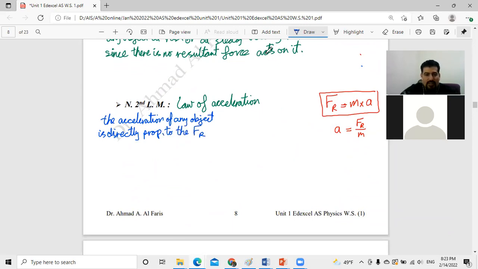Don't write like this in the exam. You have to write the whole word, because I'm trying to be fast.